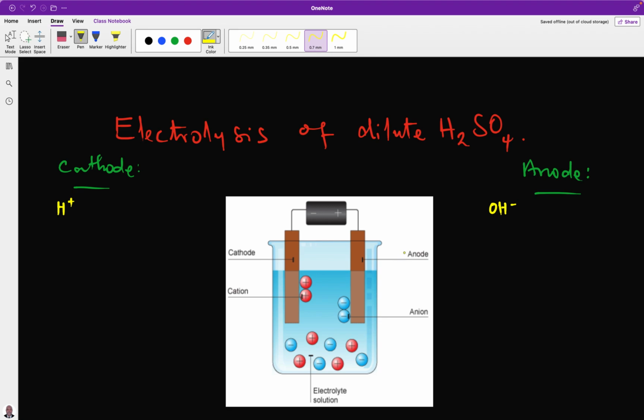Now again, sulfuric acid will produce two ions, the hydrogen ion and the sulfate ion. The hydrogen ion will come here again from sulfuric acid, and the sulfate ion will come to the anode.